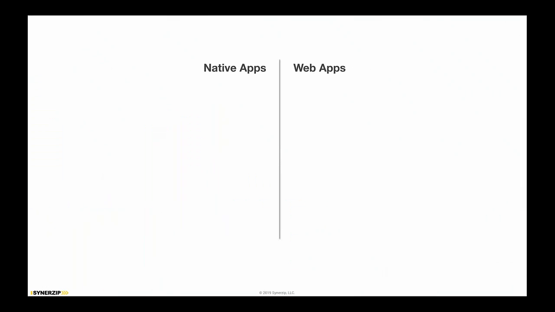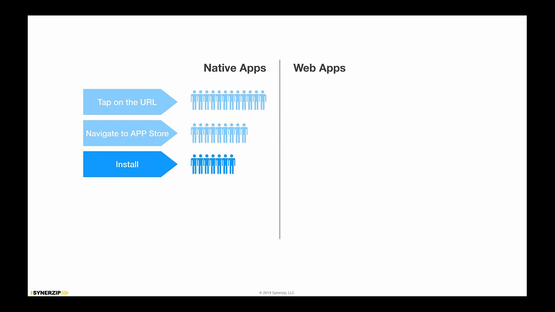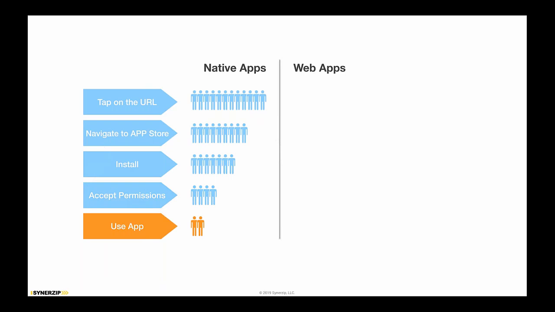So why is there an issue with reachability for apps? Let's look at the general installation flow of an app. We tap on a URL or some way of discovery. We land in the App Store. We click on install. Then a permissions dialog box comes, we think about it, okay, then the app is installed and we use it.